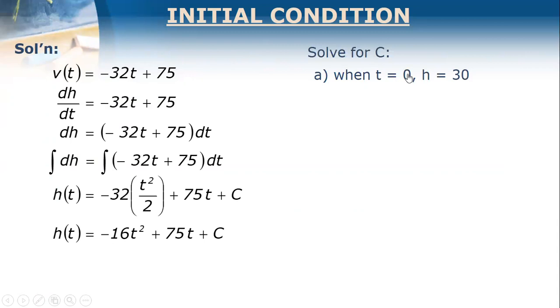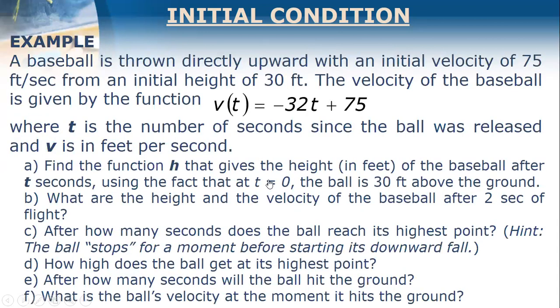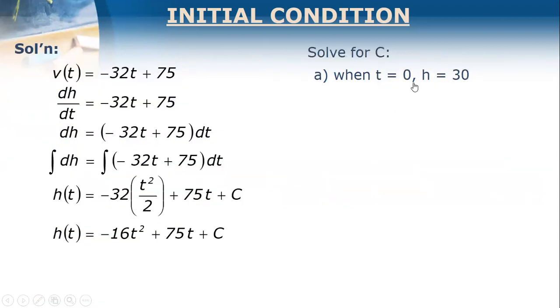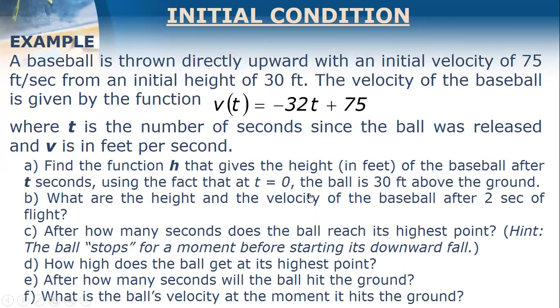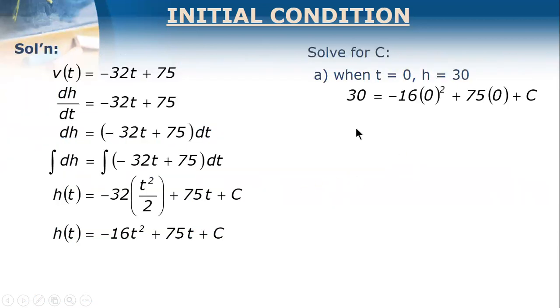This is our initial condition. At t equal to 0, the ball is 30 feet above the ground. So when t is equal to 0, h is equal to 30. So from this one, 30, and then t equal to 0, 16 times 0, c is equal to 30.